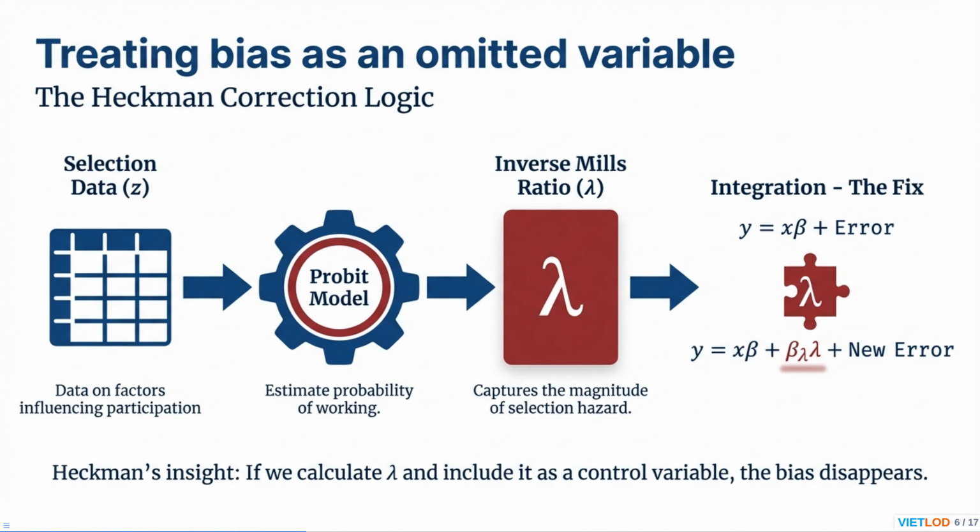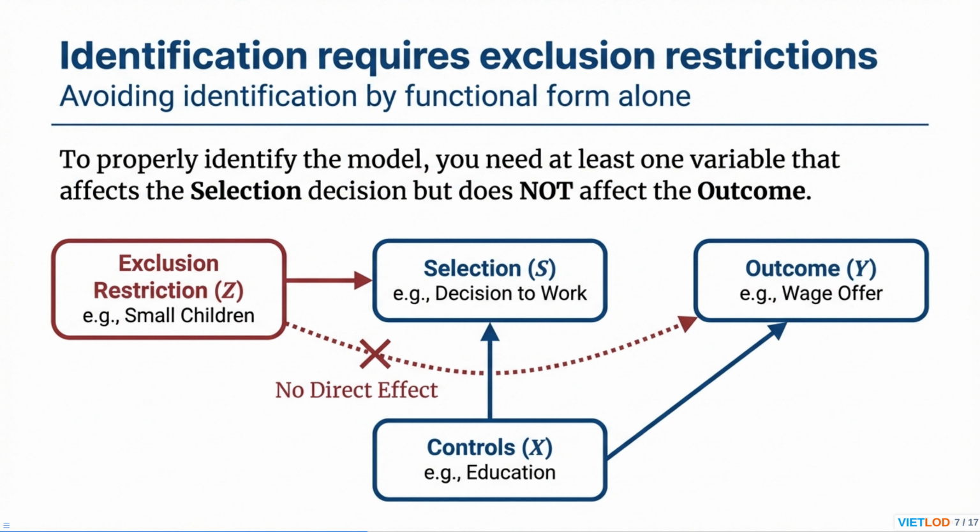This variable captures the selection hazard, the likelihood of being selected into the sample given the characteristics. Finally, we add this calculated lambda as an additional regressor in our original outcome equation. By controlling for lambda, we absorb the selection bias, and the new error term becomes well-behaved, allowing for unbiased estimation of our parameters. Heckman's core insight is that by calculating and including lambda as a control variable, the selection bias effectively disappears from the outcome equation.